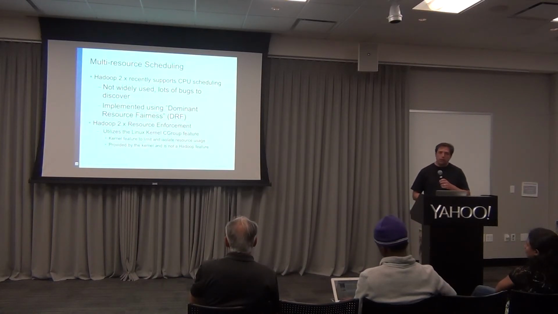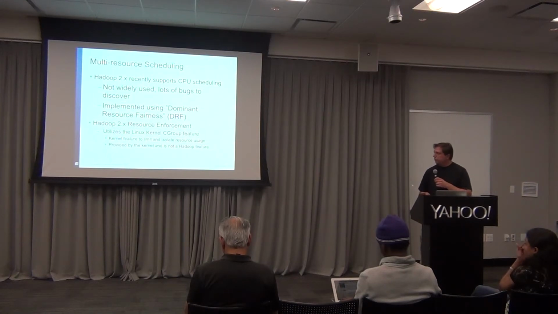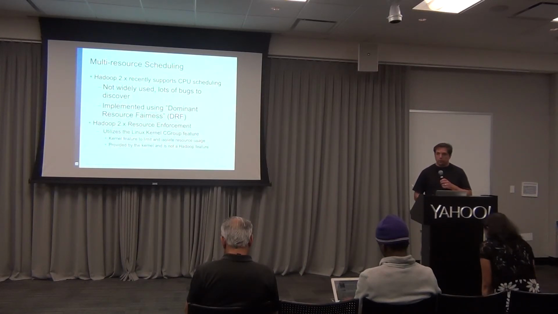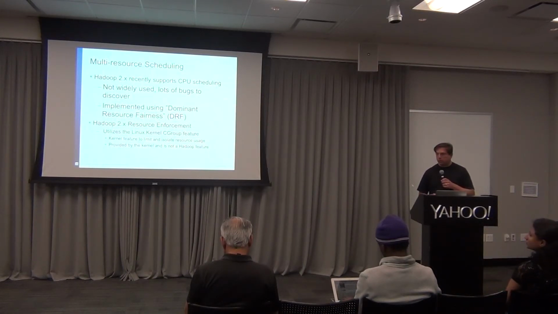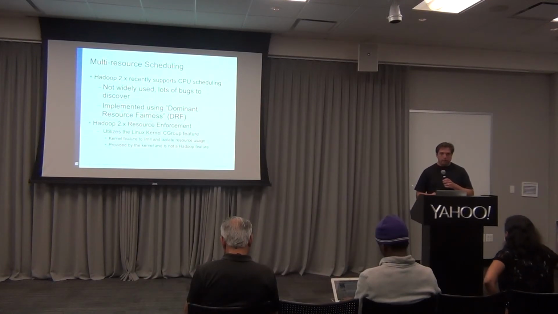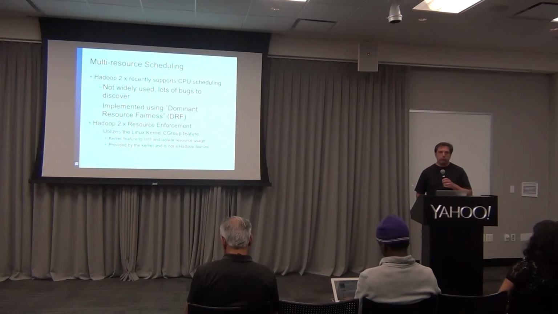It's just scheduling. So what the Hadoop developers have done is they're relying on the Linux kernel cgroups subsystem for enforcement. It's a kernel feature that isolates and limits resource usage. But you have to remember it is provided by the kernel. It's not a Hadoop feature. So if I have a Microsoft Windows cluster or Solaris cluster, this isn't going to help me.